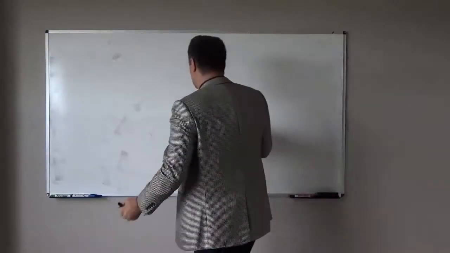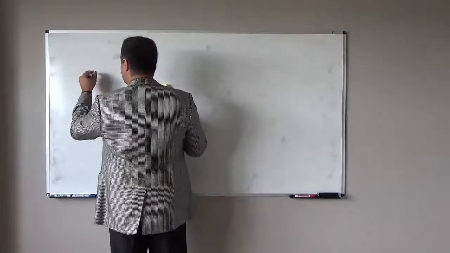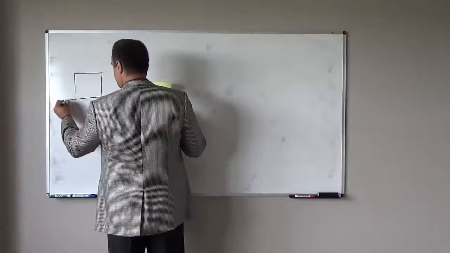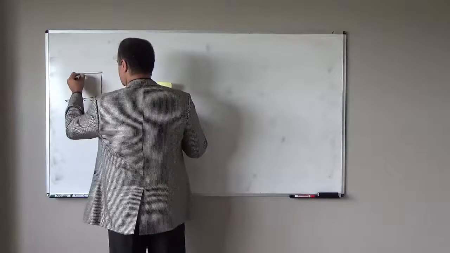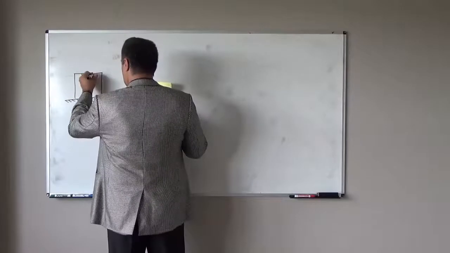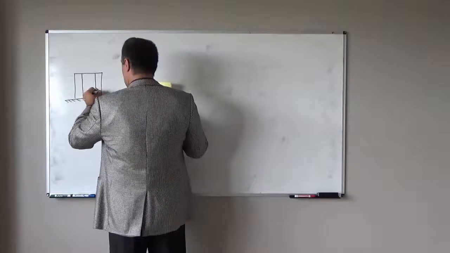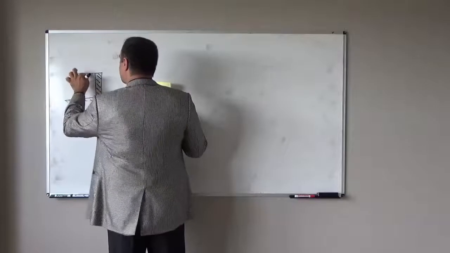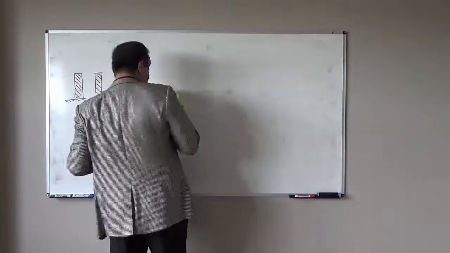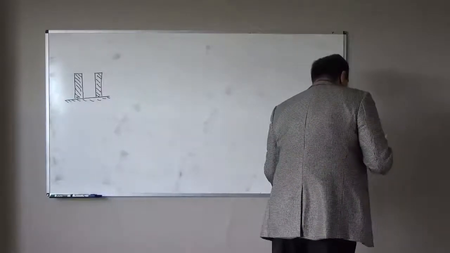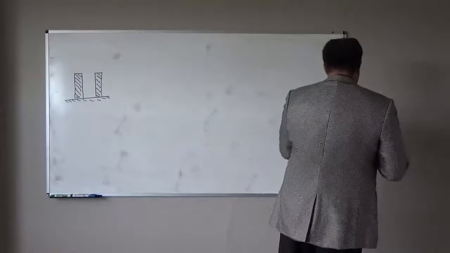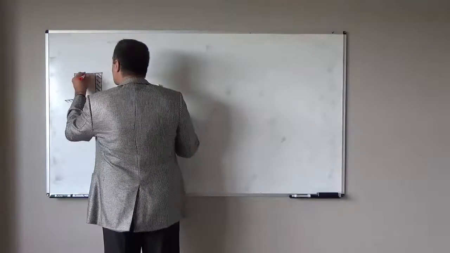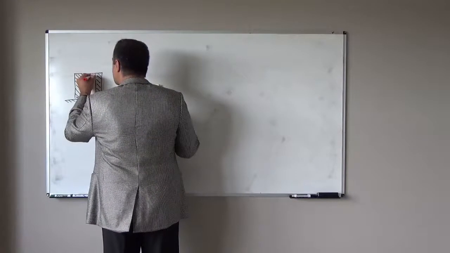We have a hollow steel cylinder. This is the black part, the hollow steel cylinder. It surrounds a solid copper cylinder. So inside of this we have the copper cylinder.